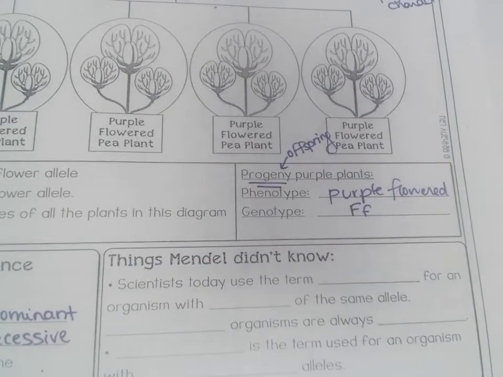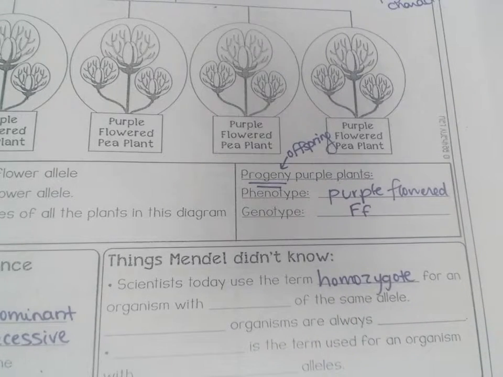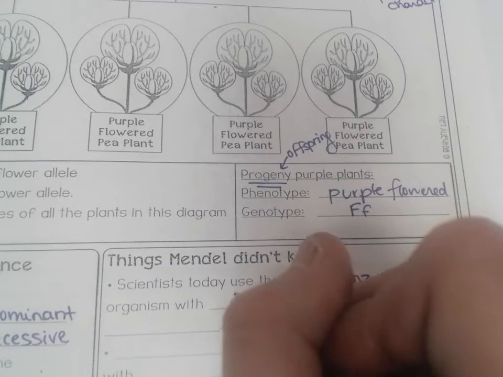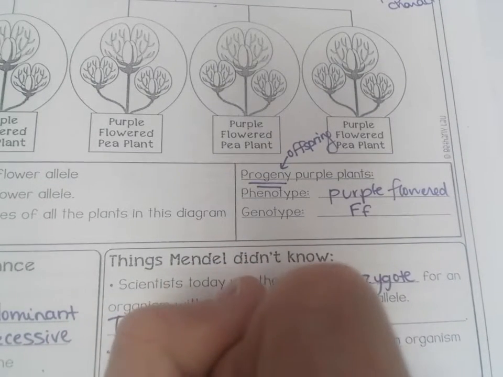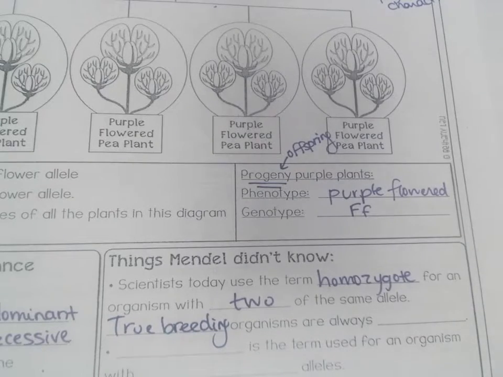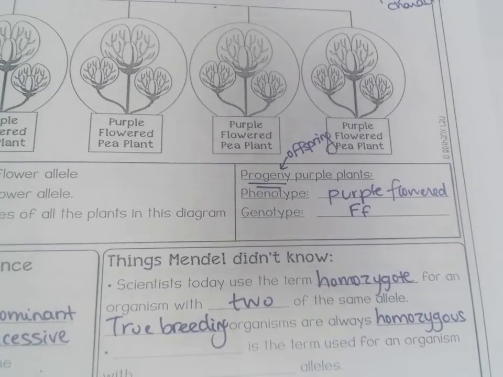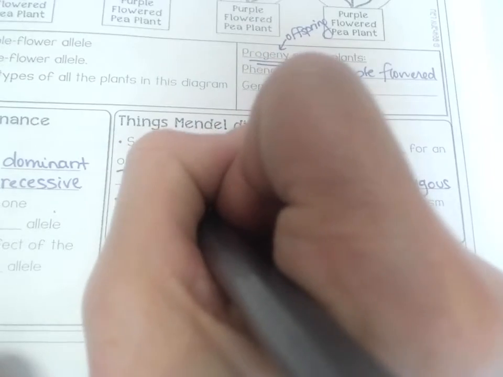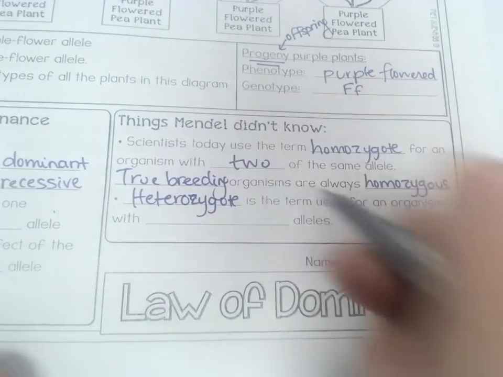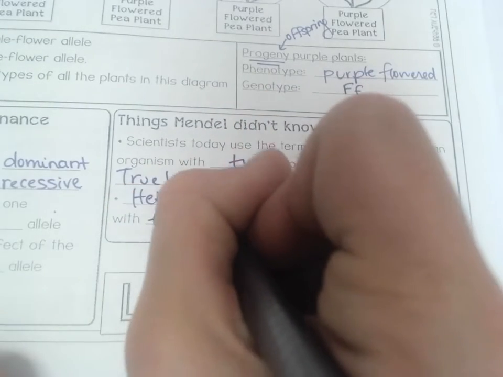So scientists today use the term homozygote for an organism with two of the same allele. True breeding organisms are always homozygous. And heterozygous or heterozygote is the term used for an organism with two different alleles.